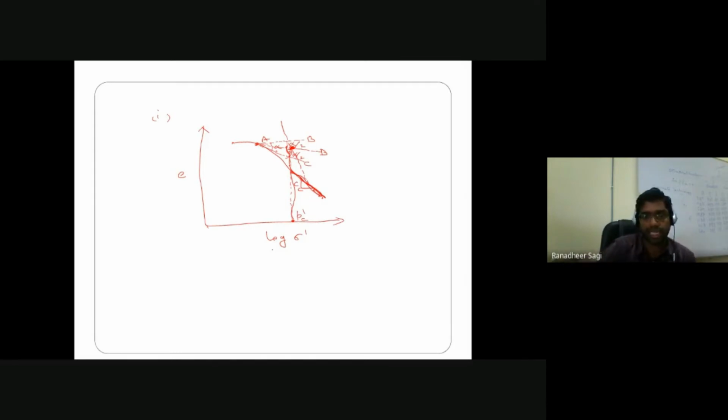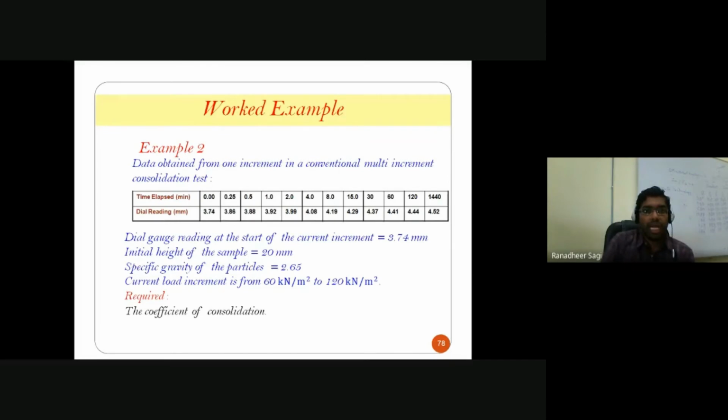I'm not exactly solving it, but I'm just giving you an idea of how those particular parameters are to be determined according to the data given in the problem. And next, what is given in the problem is data obtained from one increment, for a certain stress increment applied on the soil sample in the conventional multi-increment consolidation test, that means the typical oedometer test.